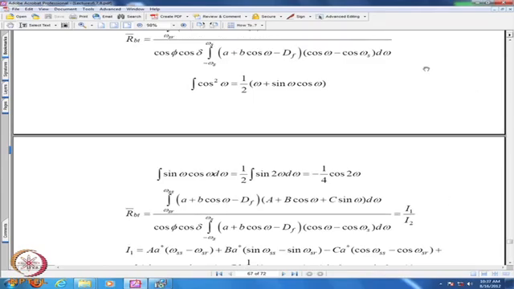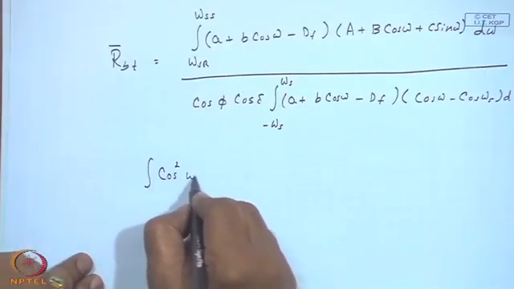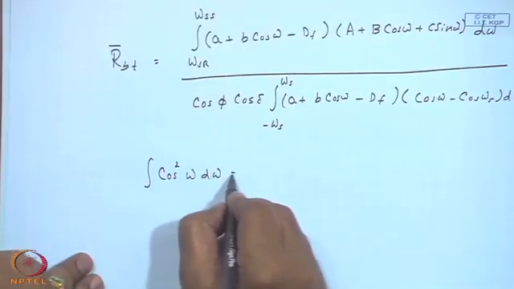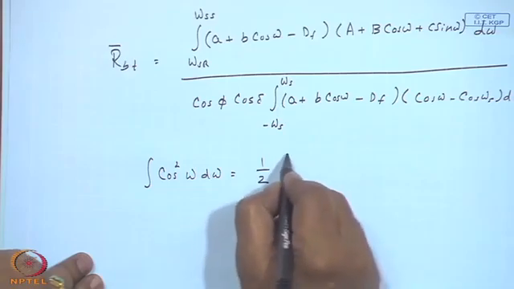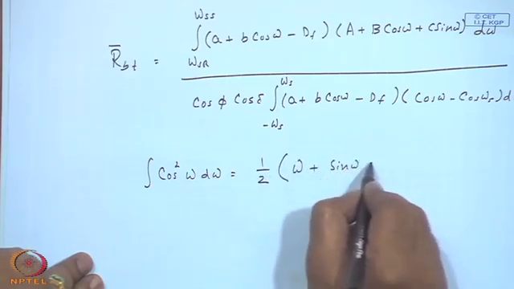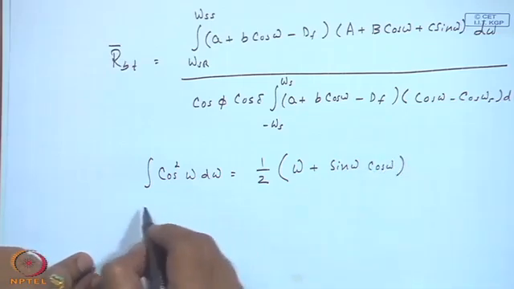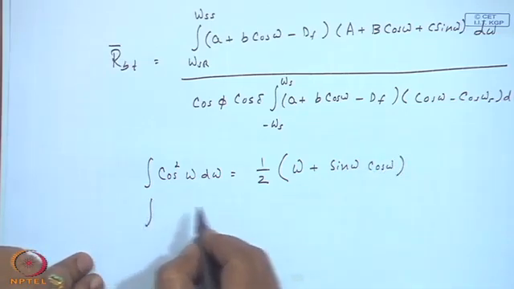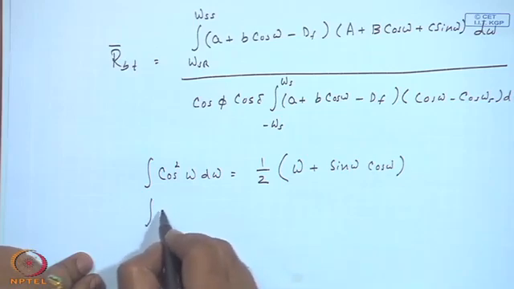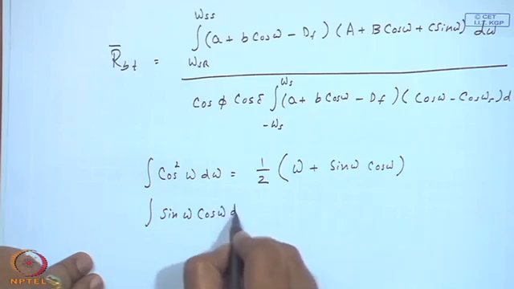If you want to note down, I will write down cos squared, that d omega is missing there. And you can have quite good exhaustive tables on the web, even Wikipedia. So, you can see other functions also.